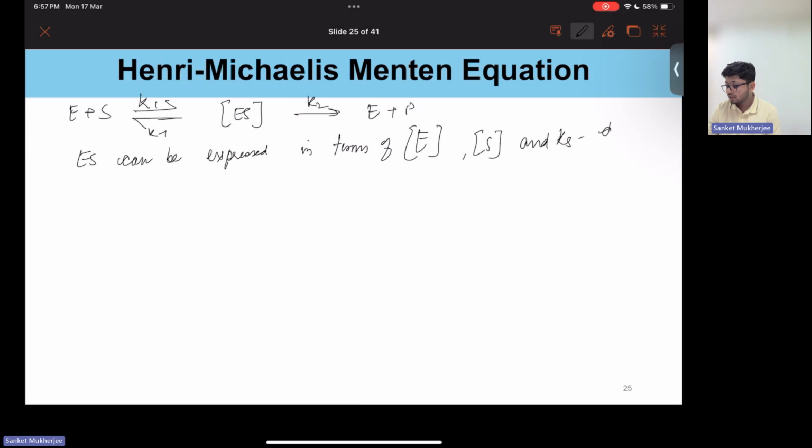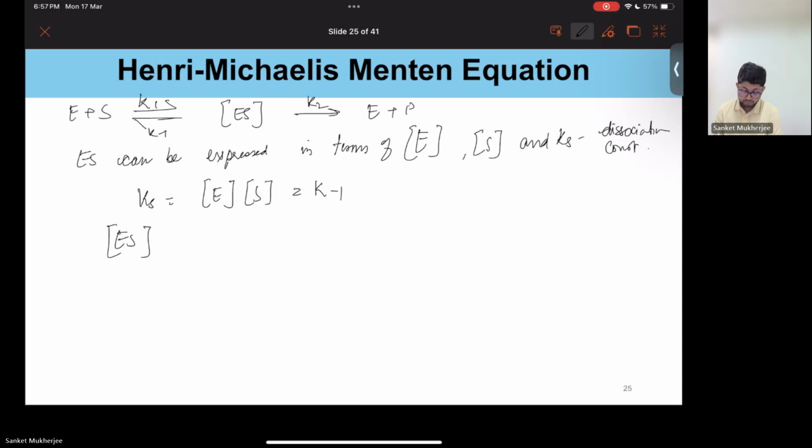Ks is the dissociation constant. So Ks is equal to E into S by ES, that is equal to K minus 1 by K1. So ES is equal to substrate S by Ks into E. Let's say this is the fourth equation.